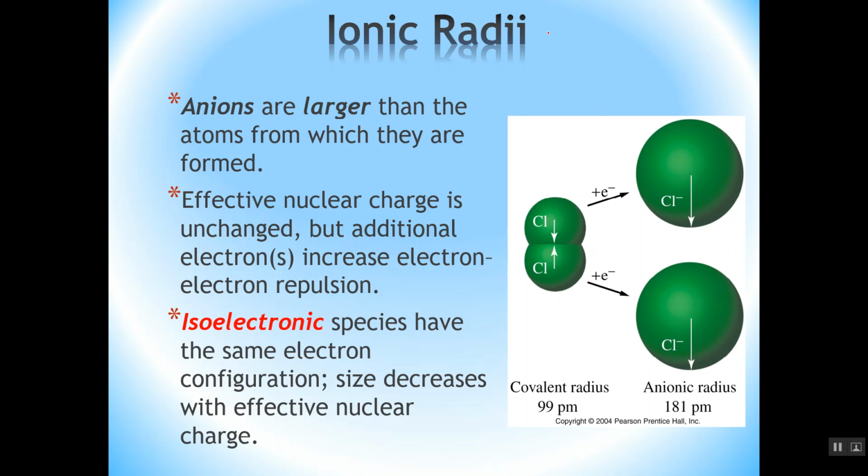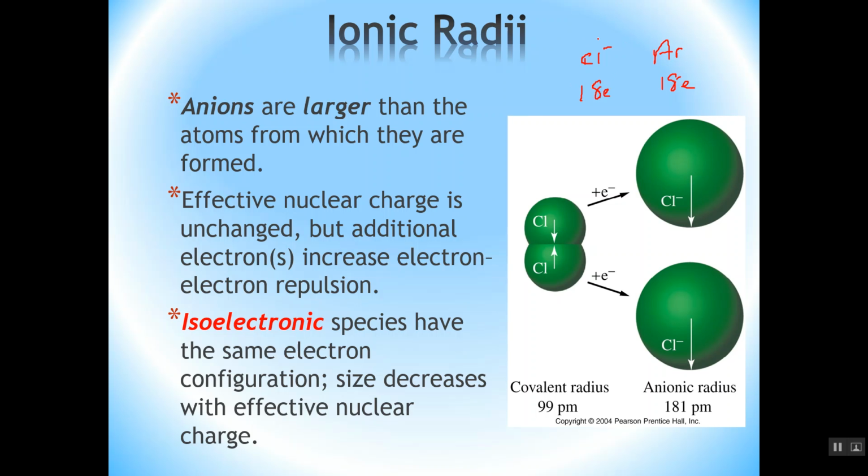For example, if you were to compare the chloride ion to the argon atom, they have the same number of electrons, 18 electrons each, and therefore they will have the same electronic configuration.